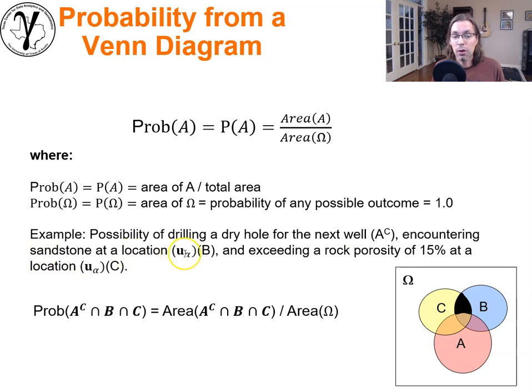Encountering sandstone at that location in space, if you got good rock at that location, that's B. Exceeding some critical threshold for porosity to have a good amount of volume in place, that would be event C. And so we might be interested in the combination of a dry hole having sandstone and also having good rock porosity. In other words, this could be like a seal failure, where you actually have good reservoir rock, but there's no fluids in place that we want to recover.